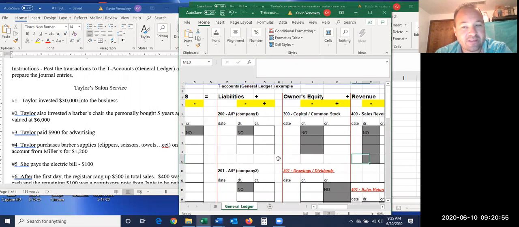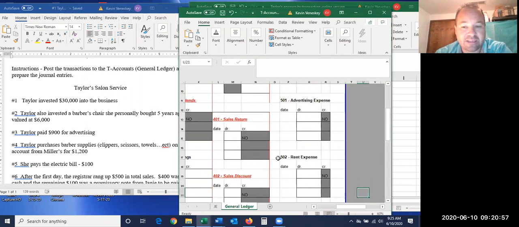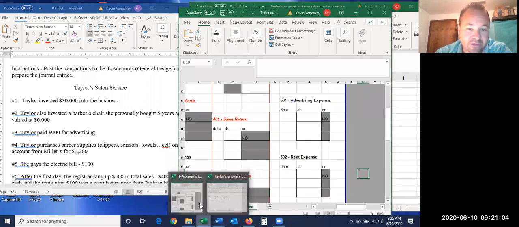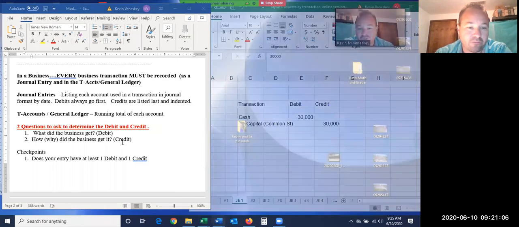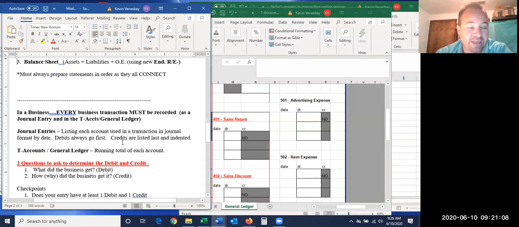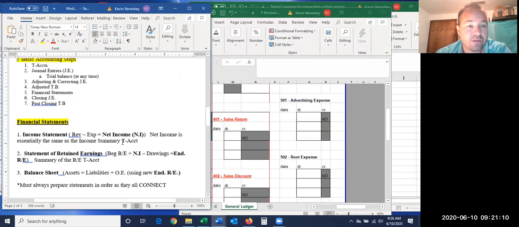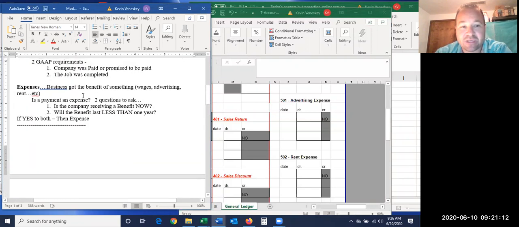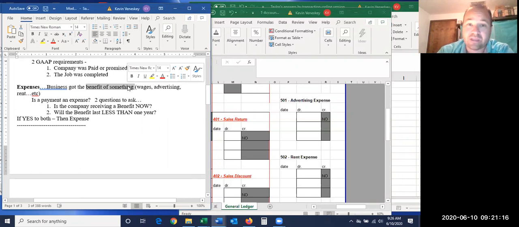The first instinct then is if you get something, you think, okay, it's got to be an expense. But if we go back to our sheet from our notes and what we did on our last class session, for something to be an expense, usually you get the benefit of something. Okay, we got the benefit of the chair, getting the item.